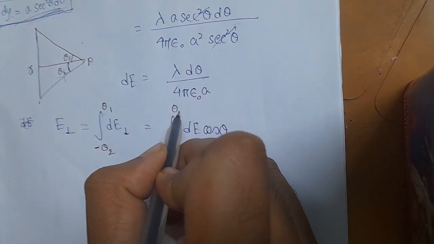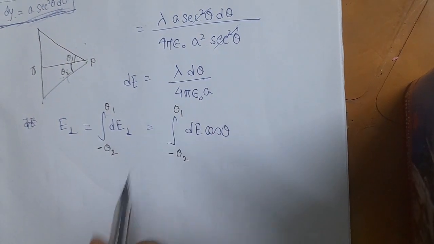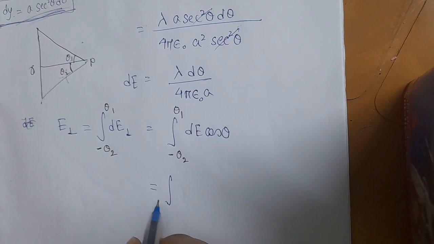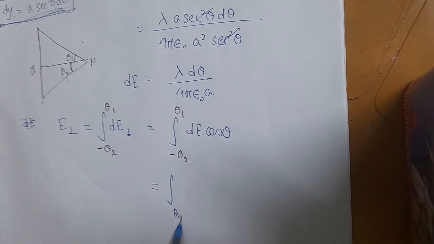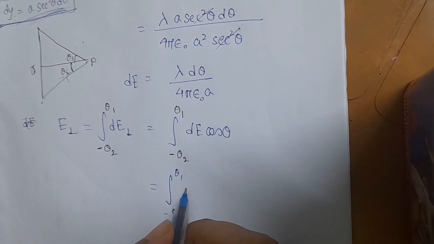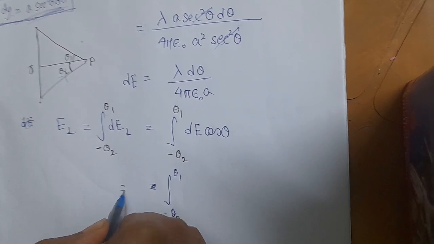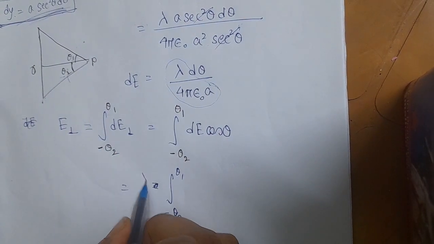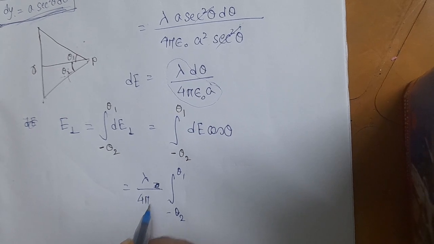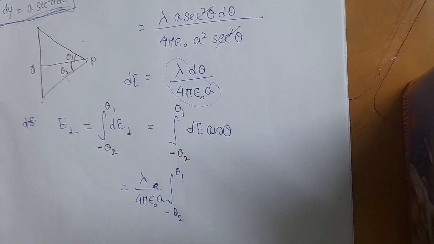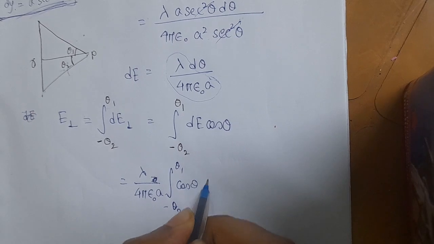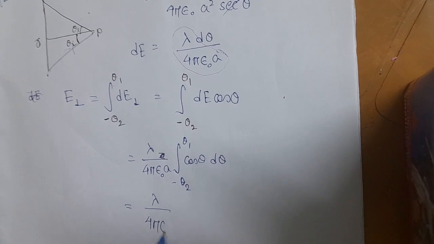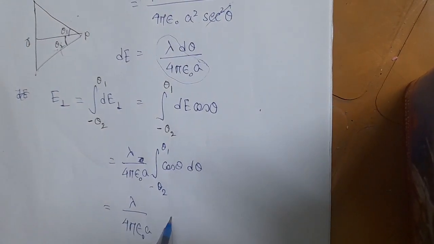Minus theta 2 to theta 1, dE cos theta. I have broken the term in terms of d theta. So lambda over 4 pi epsilon naught a, this part is constant. Let me take it out of the integration. Cos theta d theta gives sin theta.